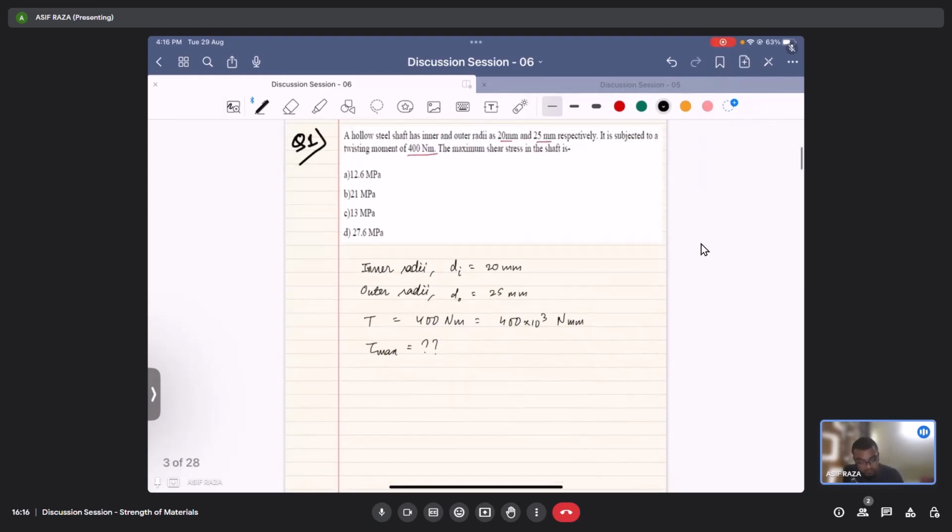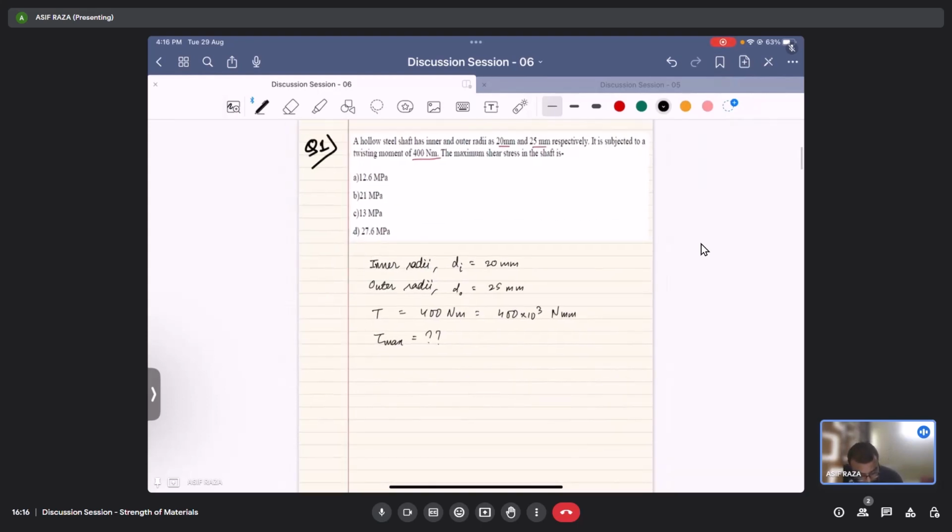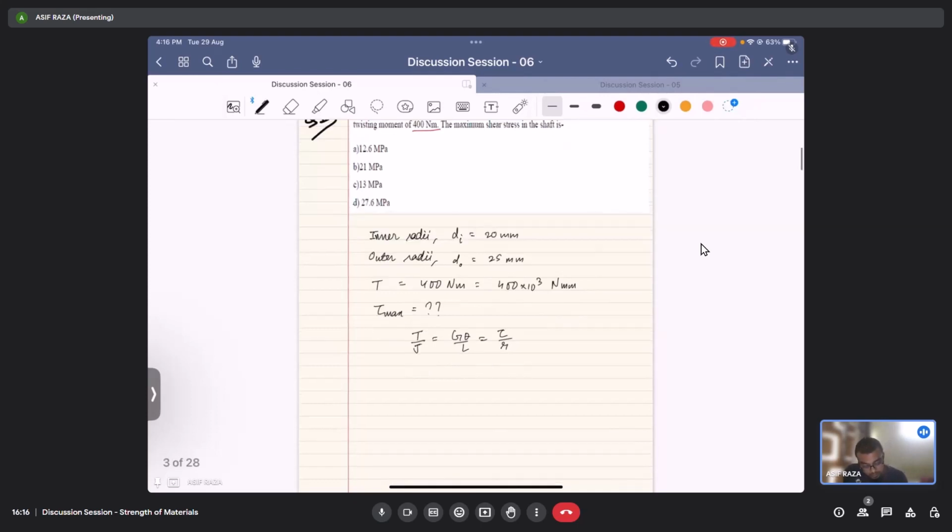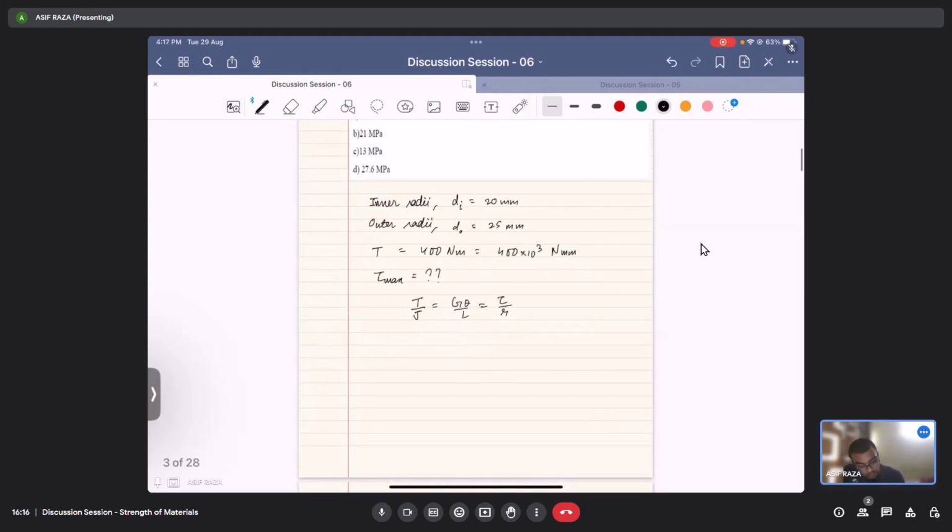So first thing first, we'll write the torsion equation. T upon J, G theta by L, tau by R. Now we can see we'll use the first and the last expression of this equation.